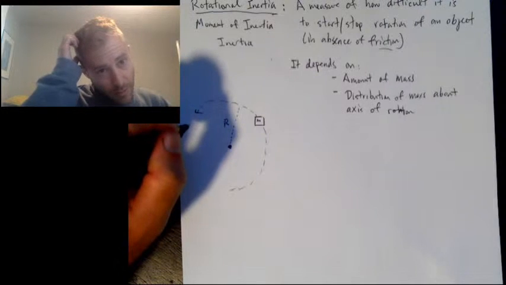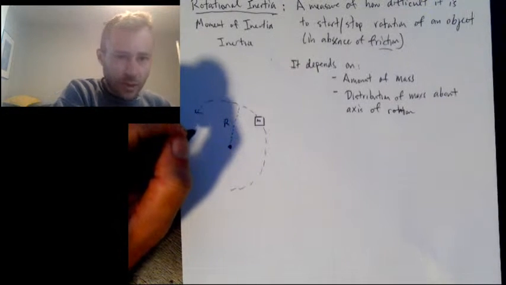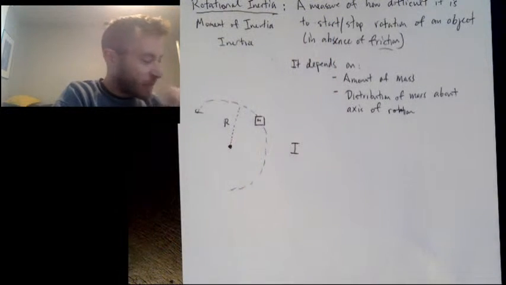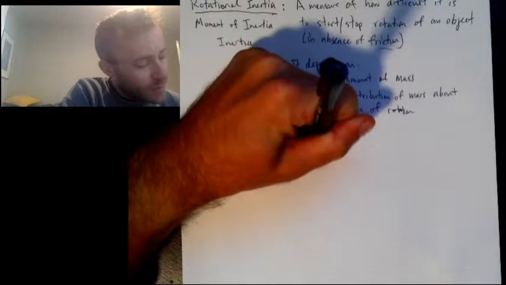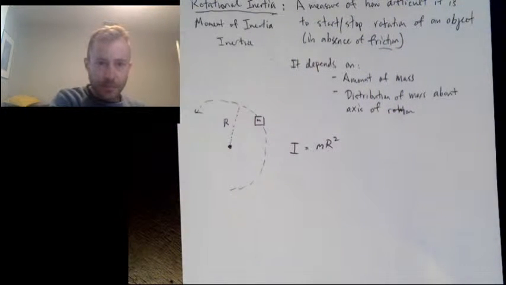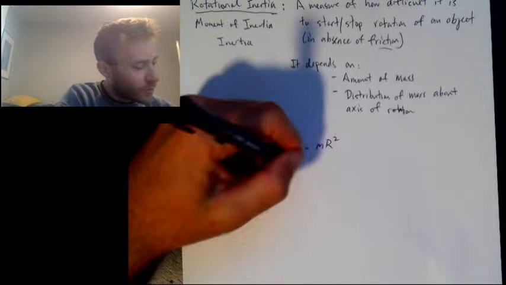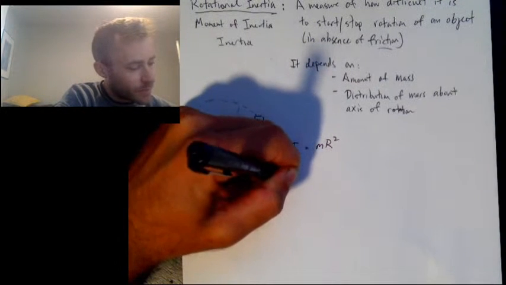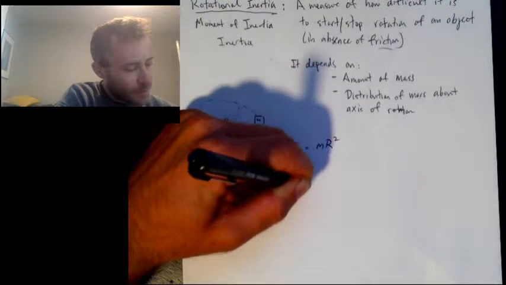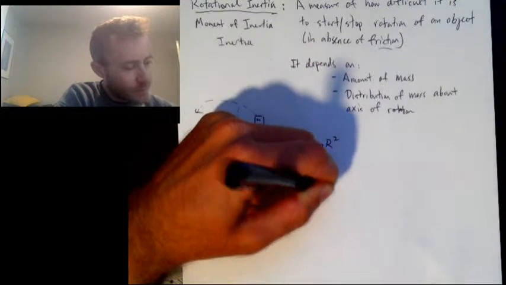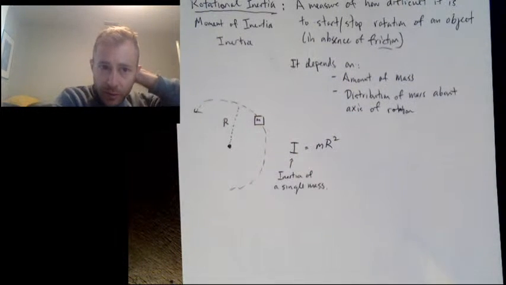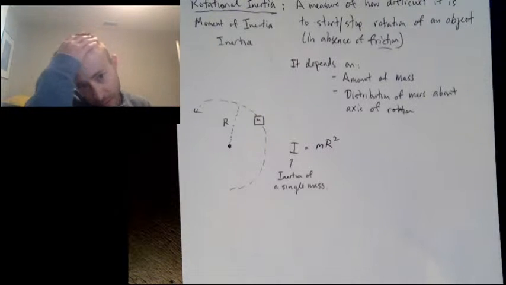Then the rotational inertia, which is denoted by I, of this mass is the size of the mass times the distance squared, I = mr². Okay, so this is the rotational inertia of a single mass. It's the inertia of a single mass.